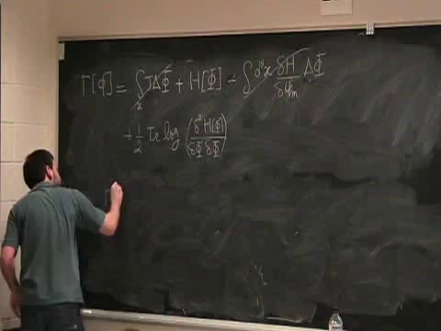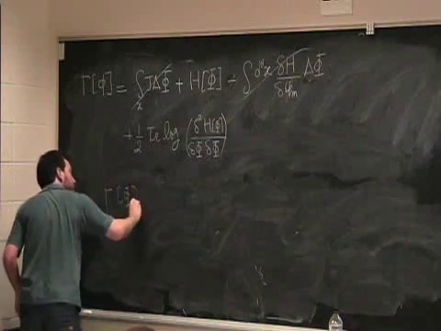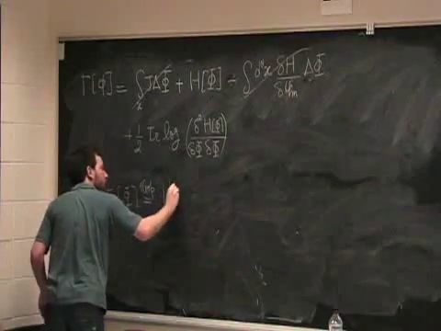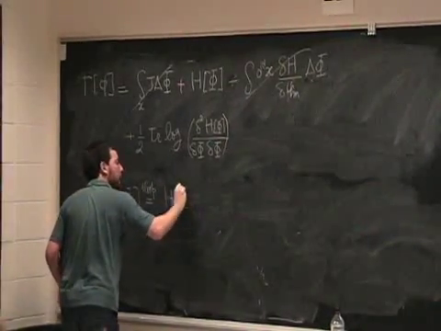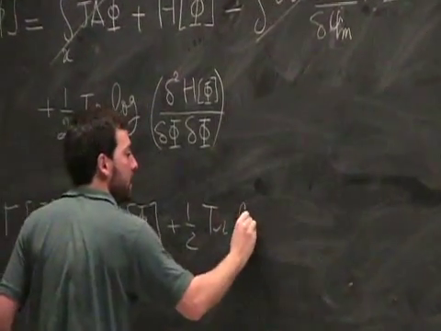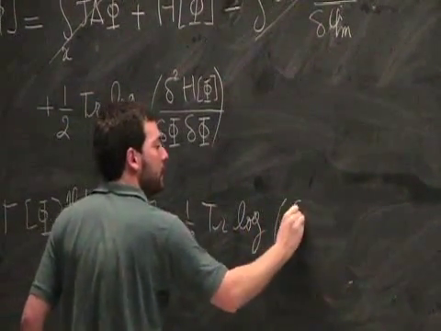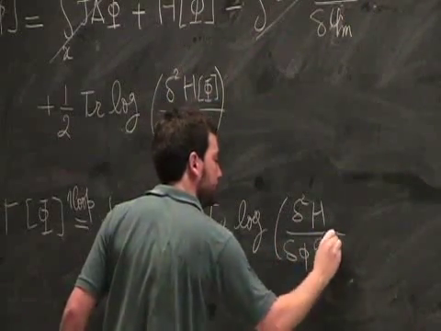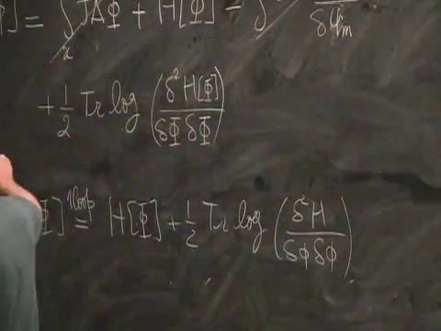So gamma of phi at one loop is h of phi plus 1/2 trace log. Very important.